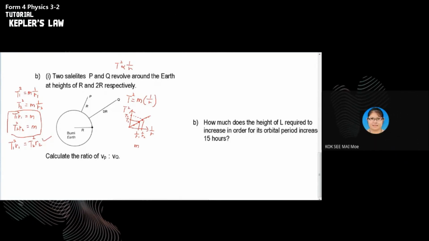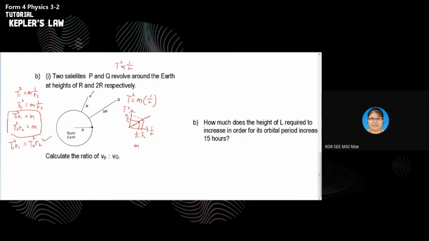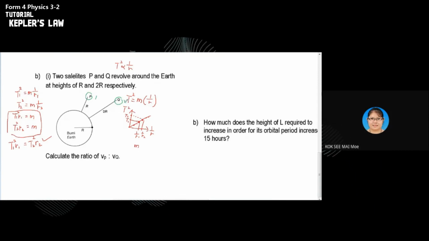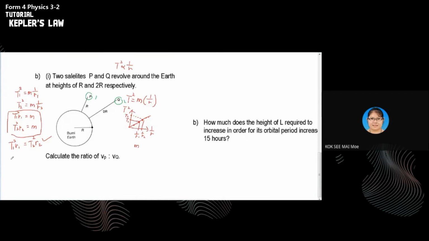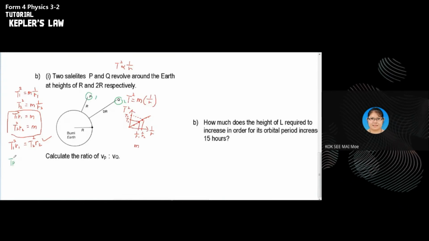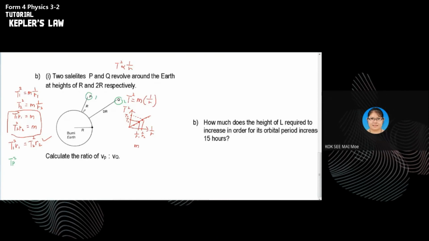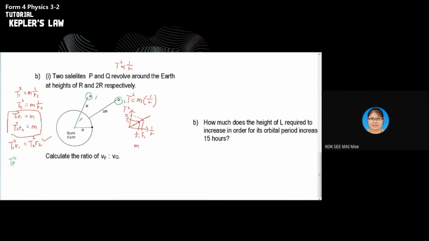Now I want to represent 1 and 2. So P is taken as 1, Q is taken as 2. So T1 means TP. TP square, now this one is R1. This one is just R only, you must add all of this, so this becomes 2R.